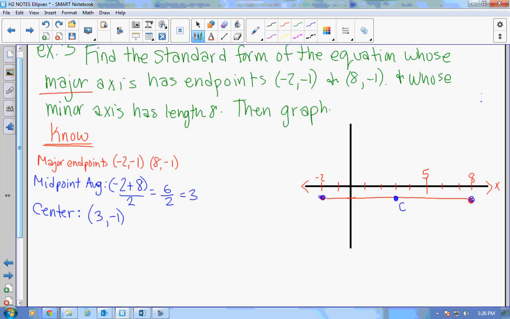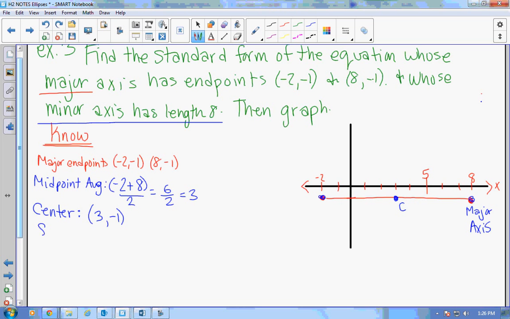Okay. So this was the, not semi, this was the major axis. Okay, we have our endpoints. Do we know anything else that's given to us that will help us find the graph and the equation? The minor axis has length 8.